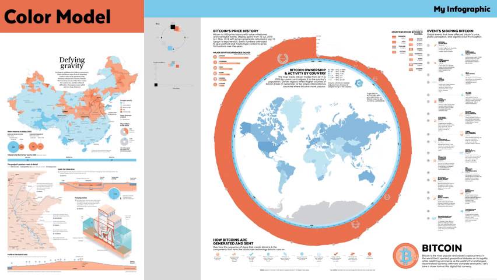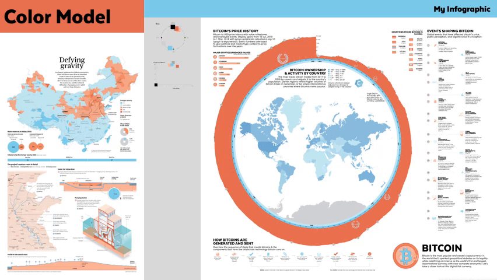The use of warm and cool colors within Defying Gravity sets a serious tone. It sets a tone of urgency. I've tried to emulate that within my own infographic by using red and blue to draw the same sense of urgency and seriousness.